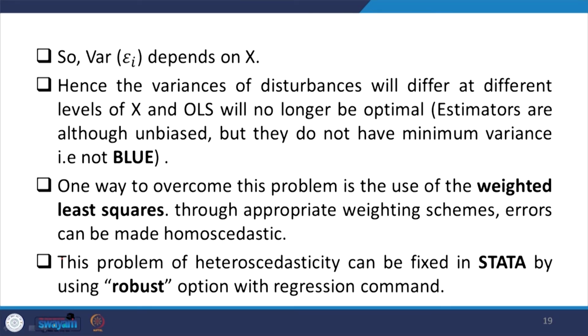With some weight, the errors can be brought to a constant variance. Then, coming to the problem of heteroscedasticity, that can also be fixed in Stata by using a robust estimator, the robust option with the regression command.